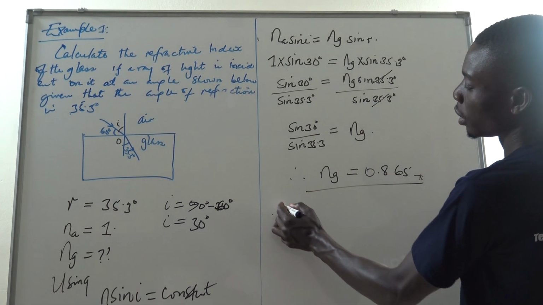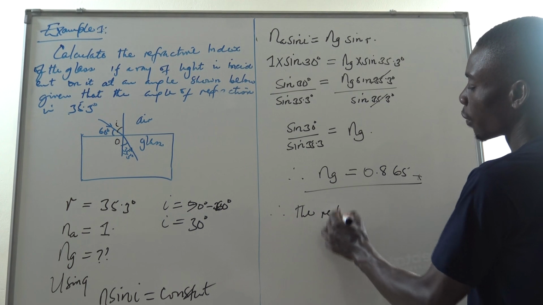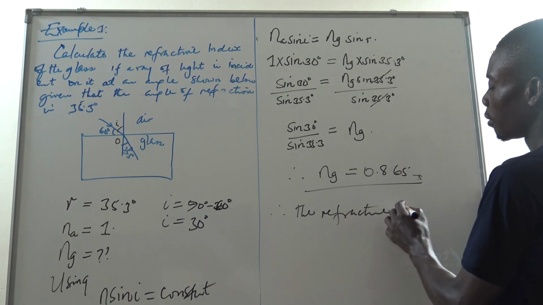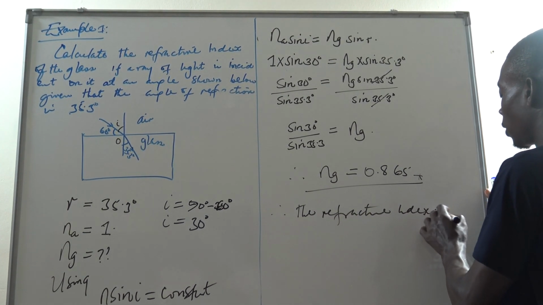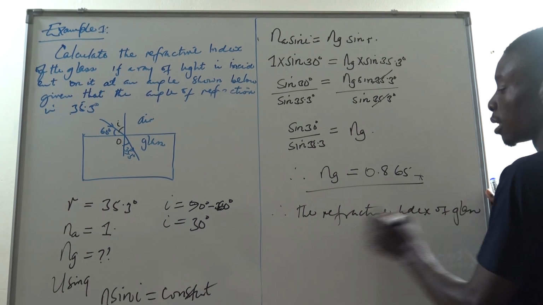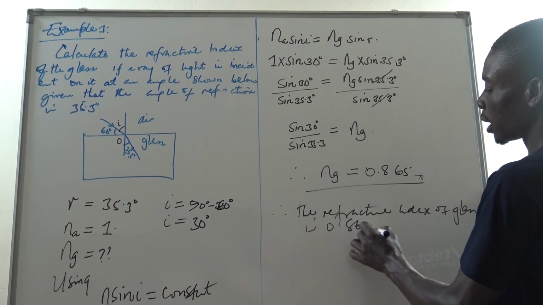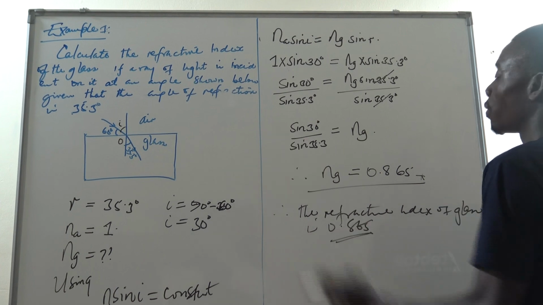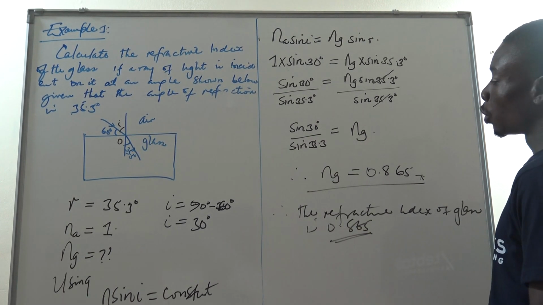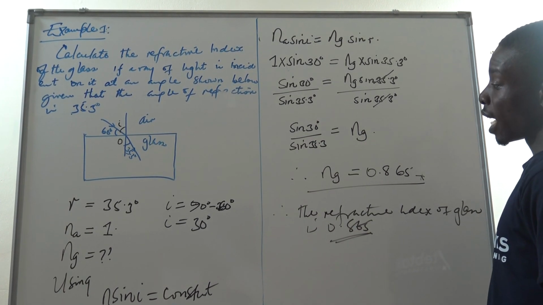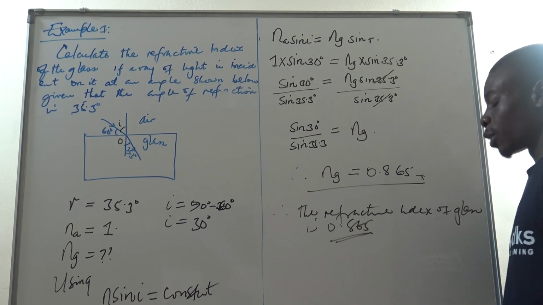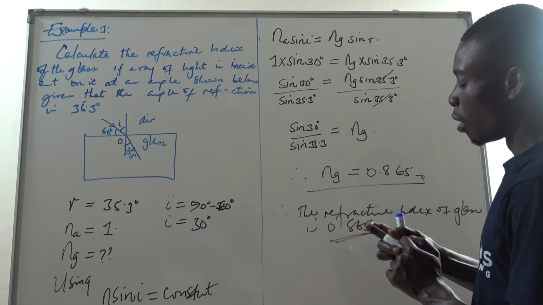So you can say, therefore, the refractive index of glass is 0.865 for this very glass here, following the condition they have given us in this question. So let's meet in for more examples.